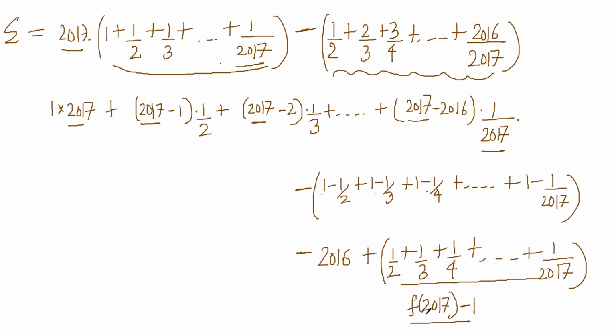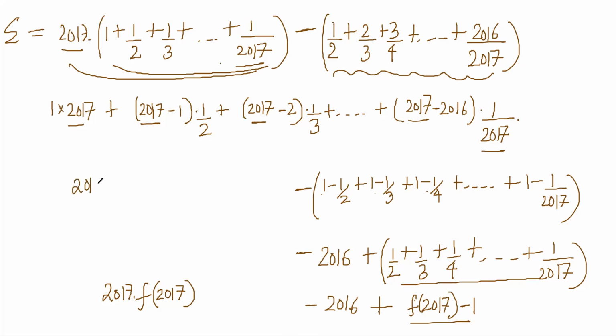This part is minus 2016 plus this, and this part is 2017 into f of 2017, right? So the thing becomes 2018 f of 2017 minus 2017 is the summation.